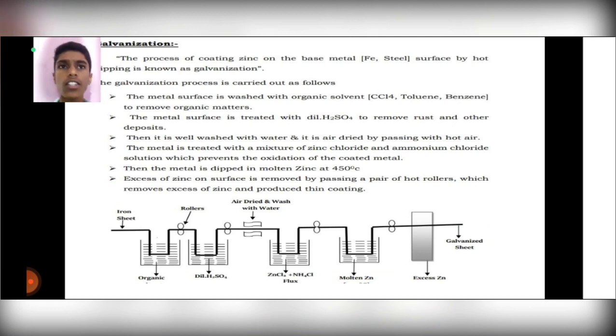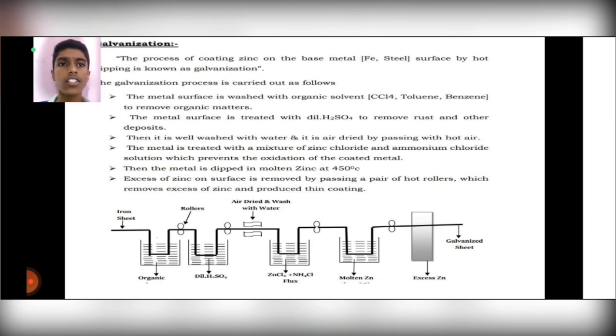Galvanization. Galvanization is the process of coating zinc on the base metal, an iron or steel surface, by hot dipping. It is carried out as follows. The metal surface is washed with an organic solvent such as CCl4, toluene or benzene to remove organic matter.